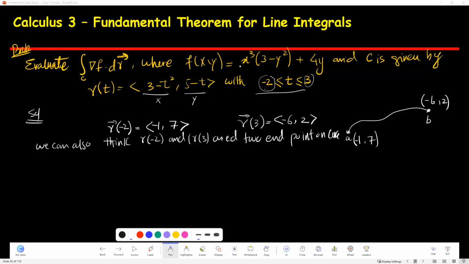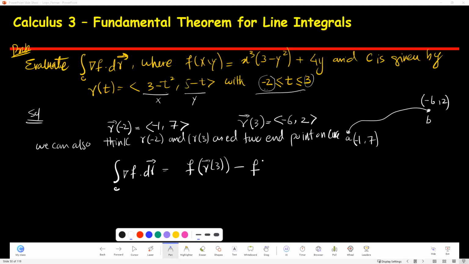In this question, the function is given in xy form, but vector r is given in the parametric form. So what I should do is convert the parametric into rectangular coordinates to substitute it. So there's a lot of back and forth references in this topic, but we just want to be clear we are understanding what we are doing in this topic.